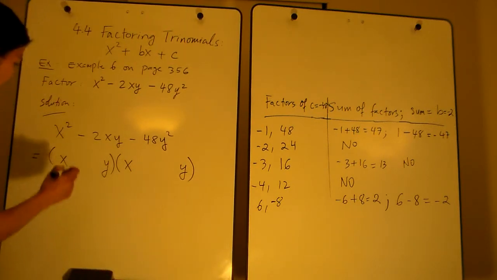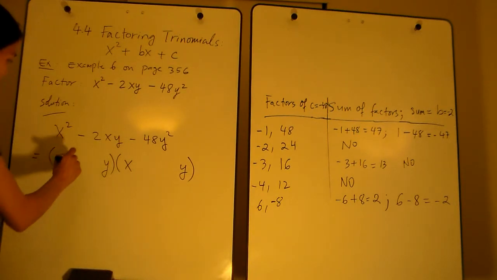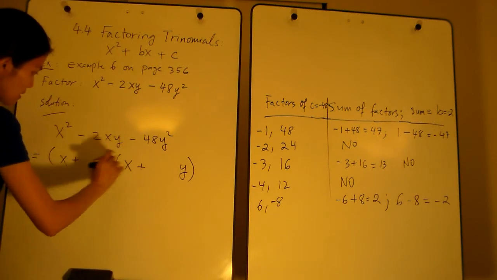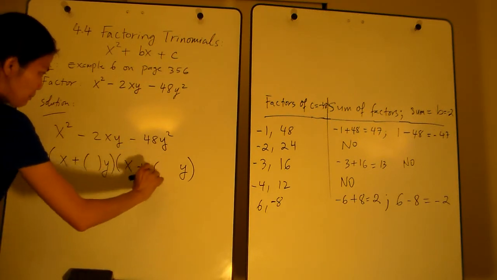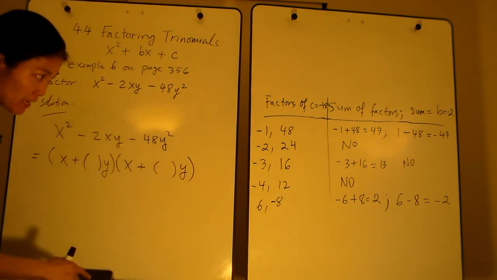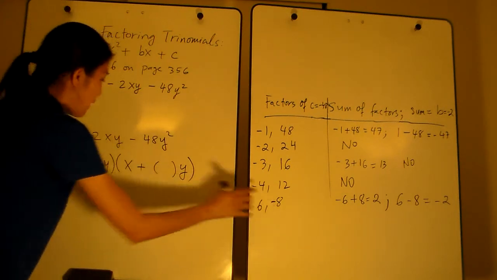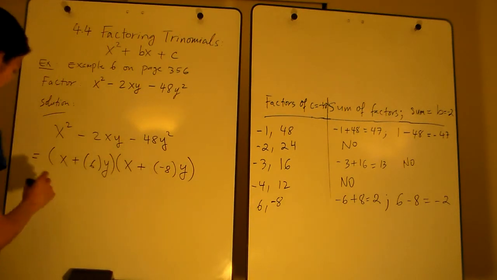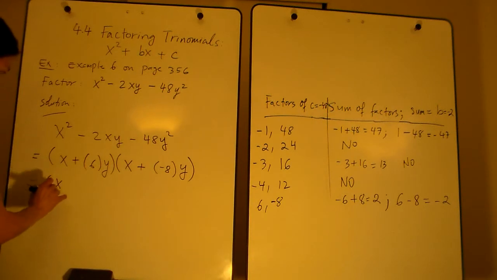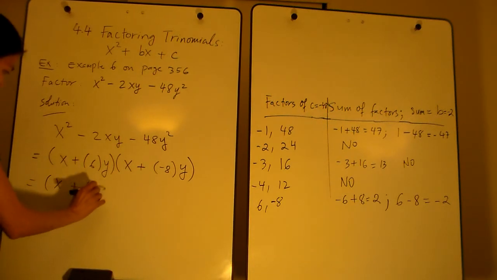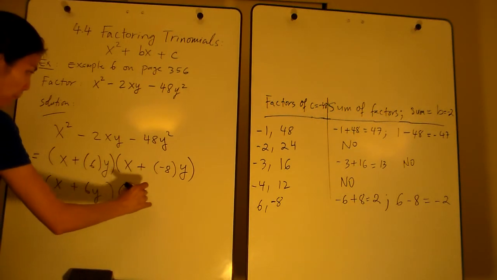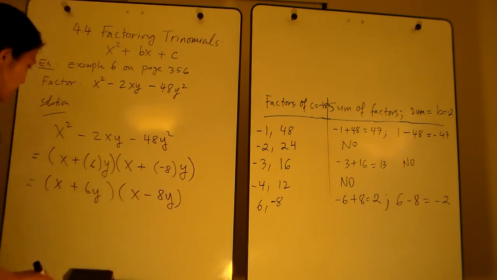So you would have parentheses, you put the factors in, which are 6 and negative 8. Simplify, you get (x plus 6y)(x minus 8y).